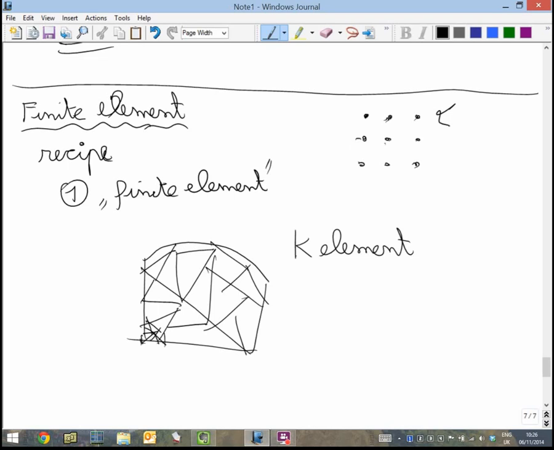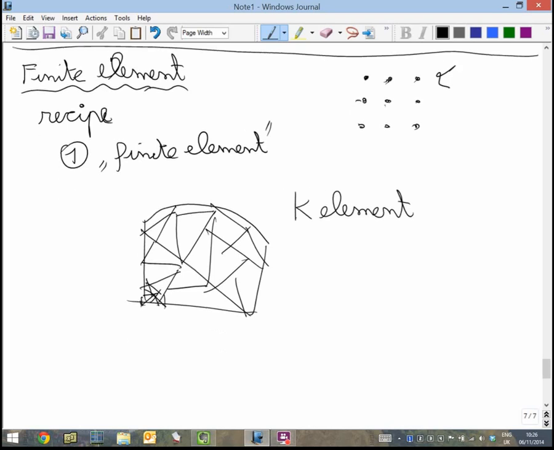And there's another advantage of this method, especially when it comes down to working with curved structures. Let's have another go. A curved structure like this. So I hope you can appreciate that if I have a curved structure like this, and I put a grid over that curved structure, like this.